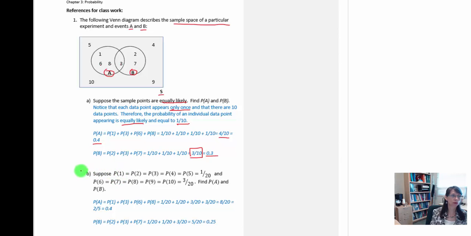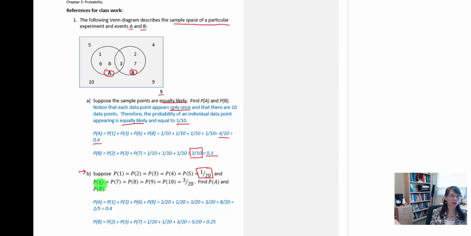So we're saying here for part B that the probability of 1 is equal to the probability of 2, which is equal to the probability of 3, equal to the probability of 4, equal to the probability of 5, and each of those numbers now is worth the fraction 1/20.